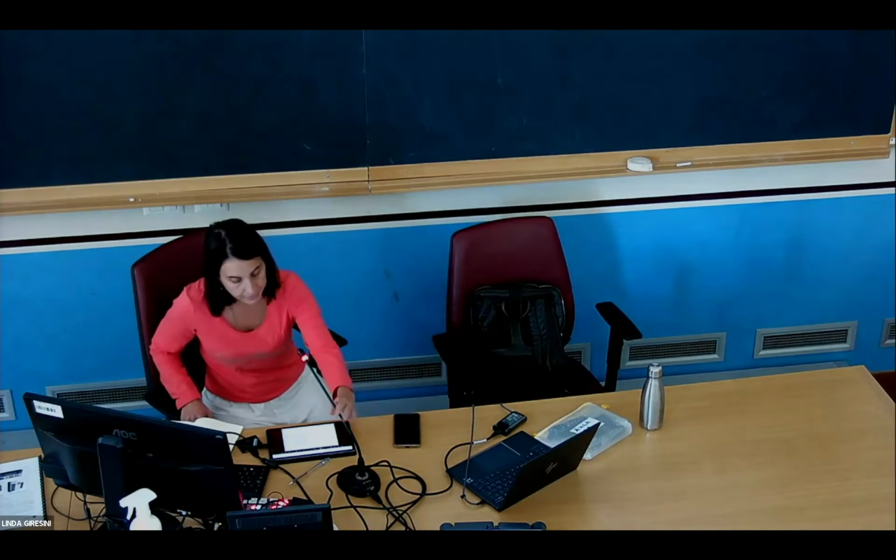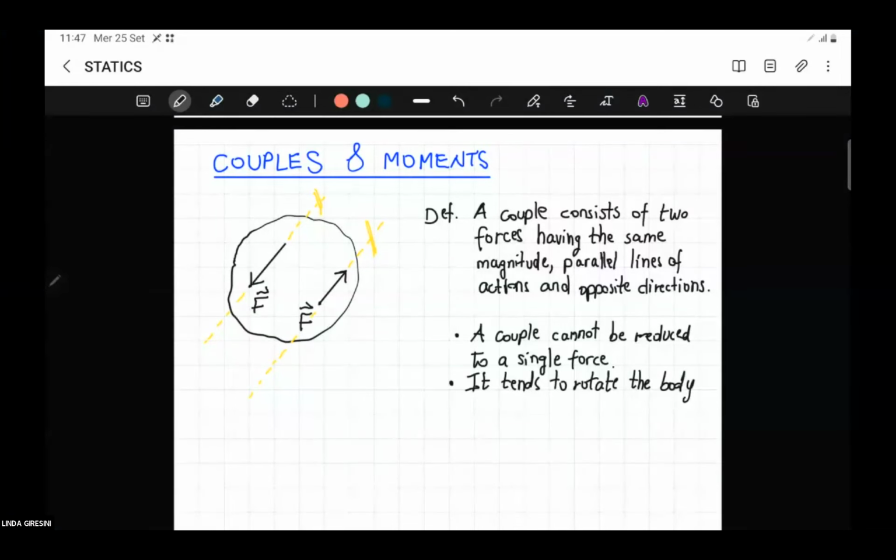It rotates, okay? So in this case, it tends to rotate the body, and the rotation sign can be either clockwise or counterclockwise.